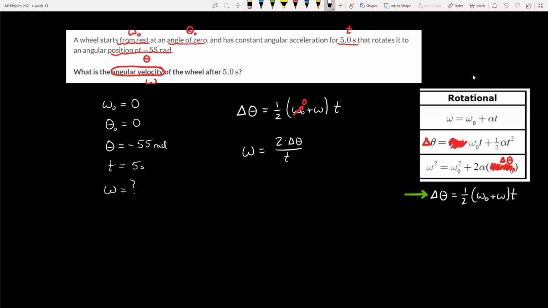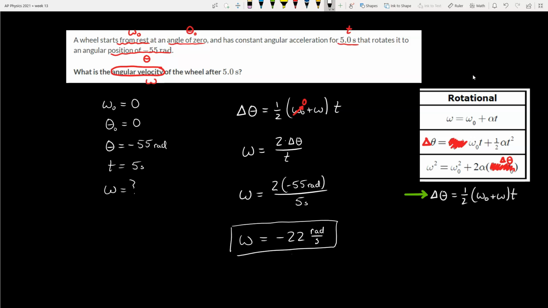Once we have this rearranged so that we're solving for final angular velocity, just go ahead and plug and chug. So we get a final angular velocity of -22 radians per second. Just a little thing to remember, this is negative, which tells us that this would be going clockwise. So it would be going with an angular velocity that's clockwise.